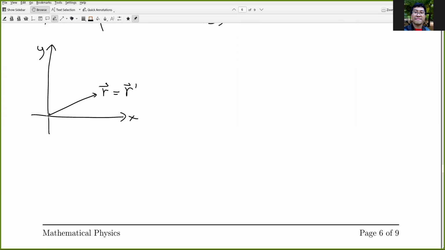Let's say this is our new x, so this is x prime, and this is the y-axis we call y prime. So instead of components x and y, on the x prime y prime coordinate system, this is x prime, and this one here is our y prime.